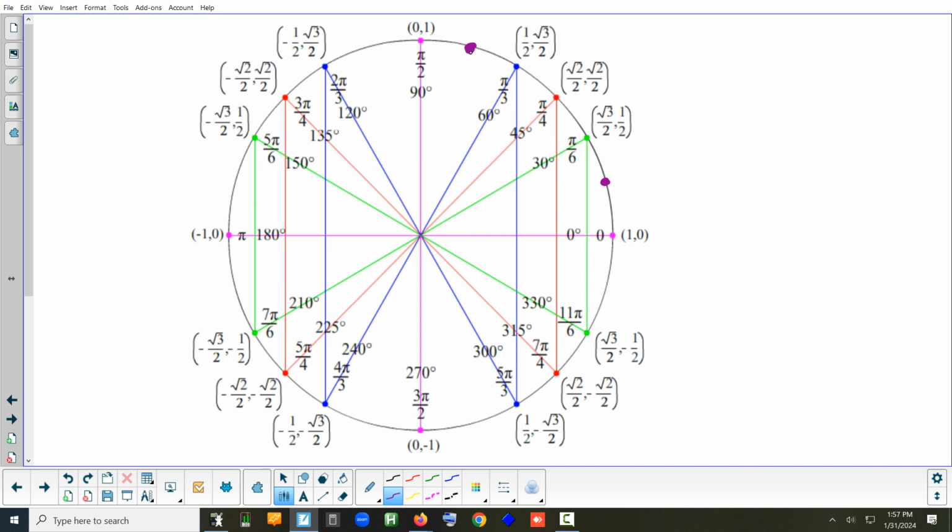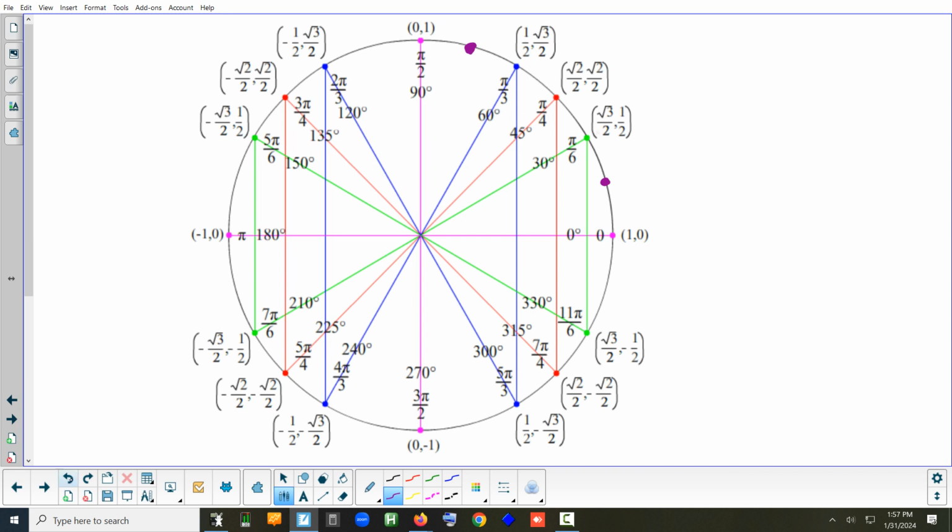Aren't 15s just half of the 30-degree angles? Not quite. Well, I mean, yeah, 15 is half of 30, but you wouldn't be able to just take half of each of those numbers to get the coordinate.